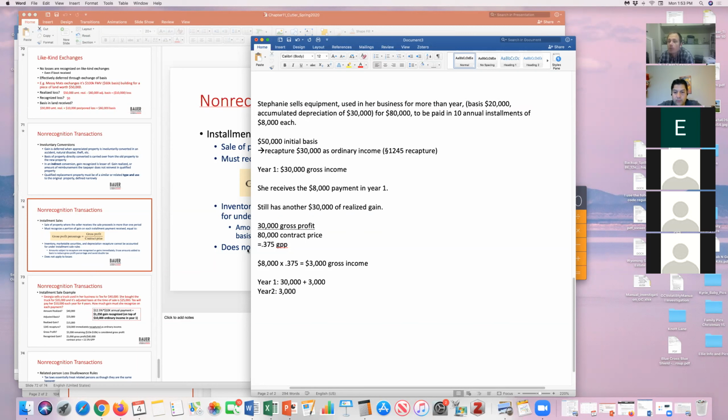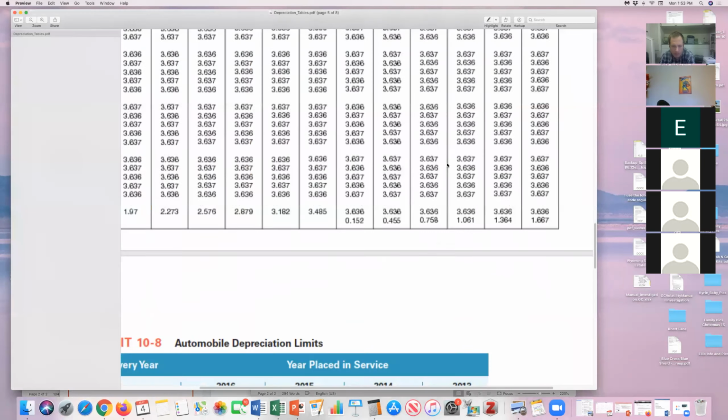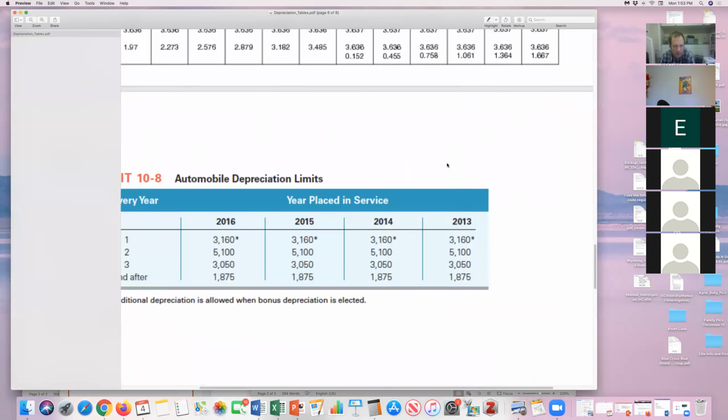Hello, Professor Cutler. For vehicles that are less than 6,000 pounds, you can't do 179 on it, correct? Or you can? You can, but you still have the limitations. So I think it's like 18,100, correct? I don't have this year.